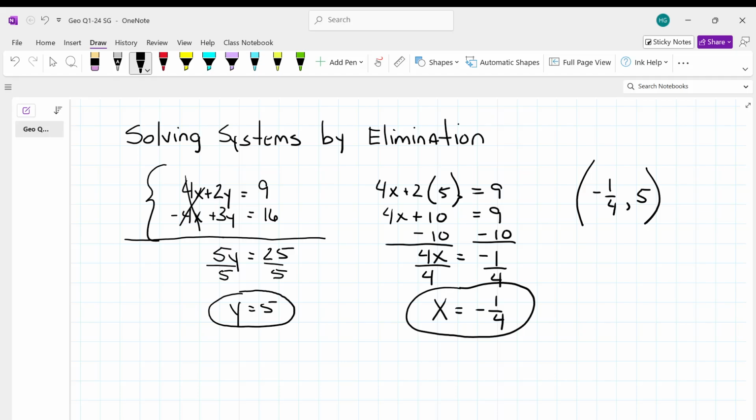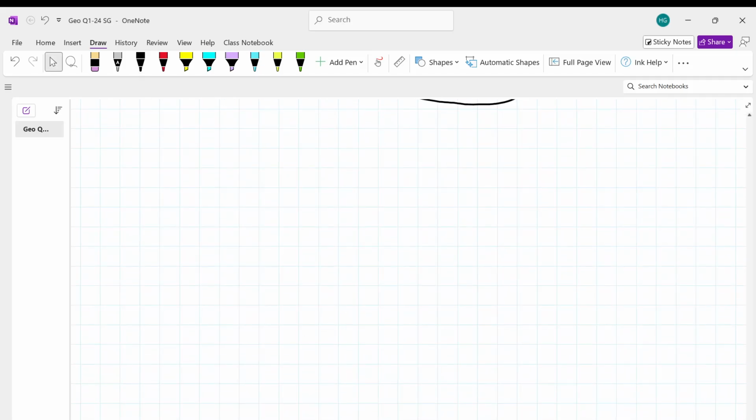So the other type of problems you'll see today will look like 3x plus 7y equals 15. And 5x plus 2y is equal to negative 4.